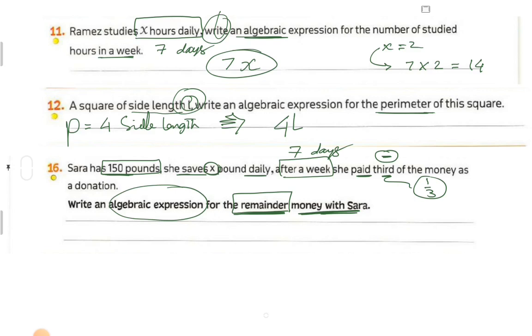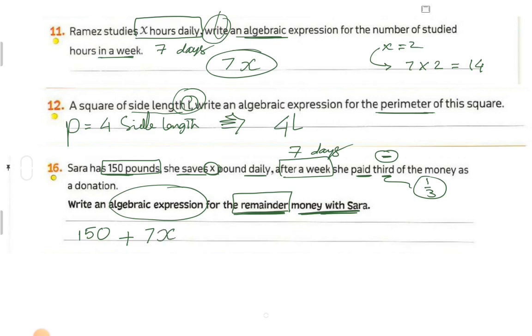Okay, now step by step, what do we have? First, we have 150 pounds, right? And she saves X per day, and we have 7 days, so she saves 7x.